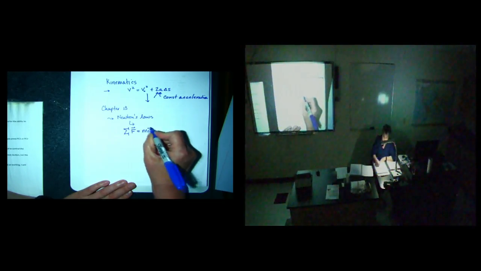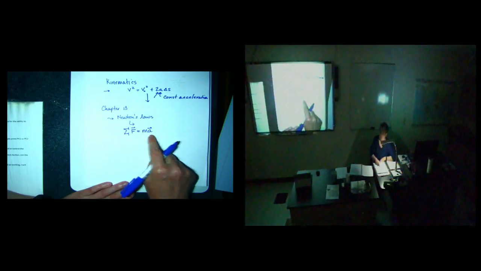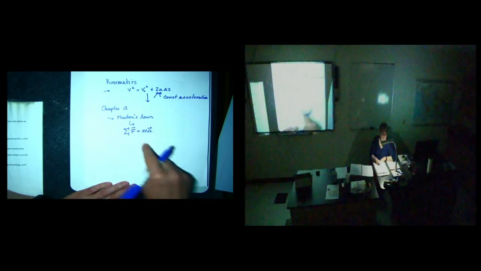And then we got our classic representation: the sum of the forces is equal to mass times acceleration. Now, for the most part, in engineering physics, most of the time that acceleration was a constant acceleration. We didn't deal with a variable at all.